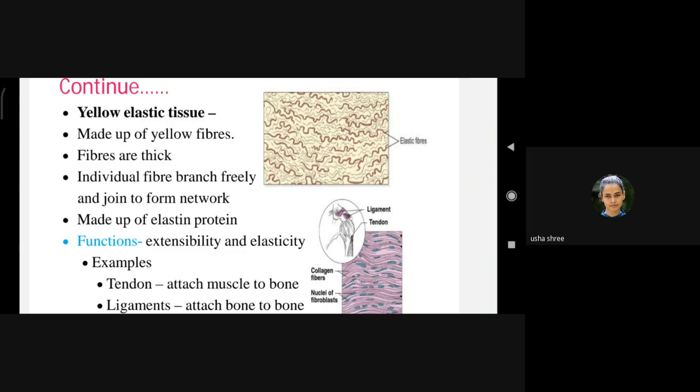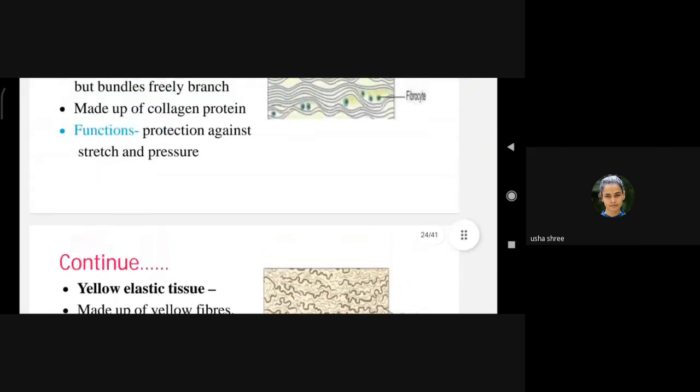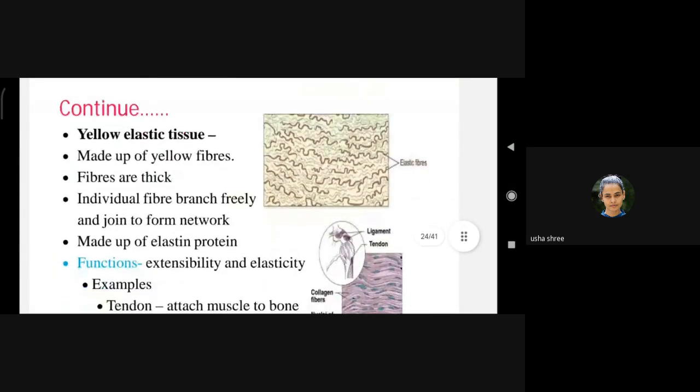White fibrous tissue is made up of collagen protein, but yellow elastic tissue is made up of elastic protein. Functions of yellow are extensibility and elasticity. And the functions of white are protection against stretch.